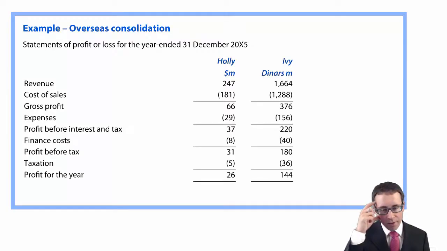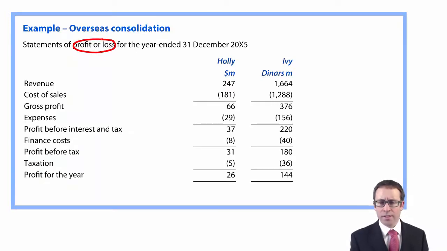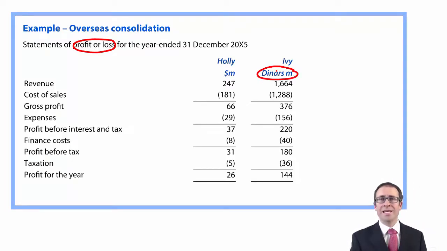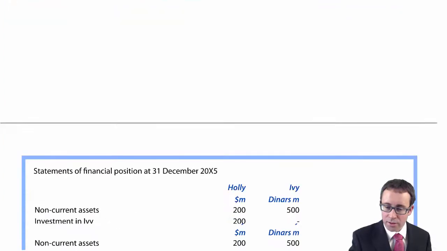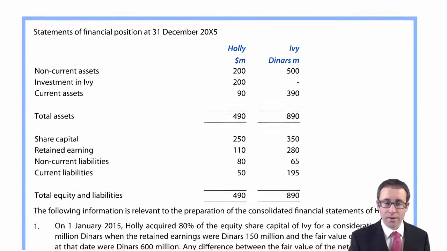Okay, so if we look there, what we can see is we have the statement of profit or loss. The two companies, is it Holly and Ivy? And you can see there that Ivy is quoted in dinars, so millions of dinars, whereby Holly is in millions of dollars. If we go through and look over the page, we can see the position statement, can't we?